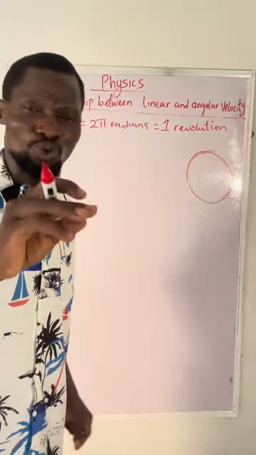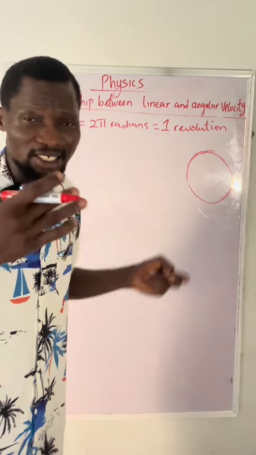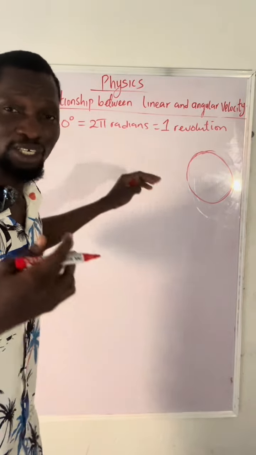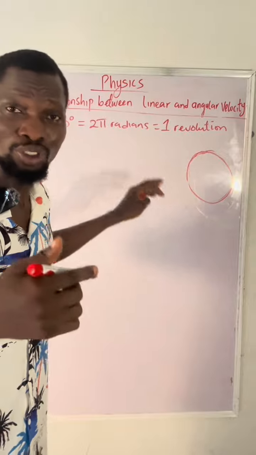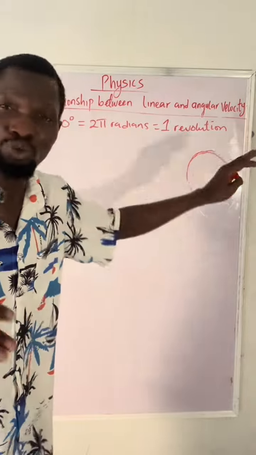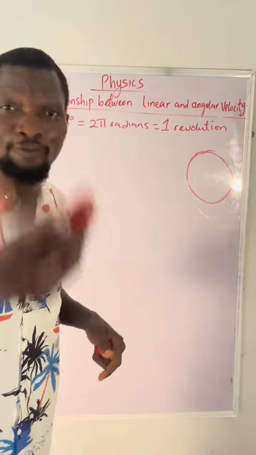Now, sometimes you may need to do conversion between these three also. That is, you may be given the angle in revolutions, and in your calculation you will need to use radians. So if you know this, then you should be able to do your conversion. For example, how many radians do you have in 2 revolutions?